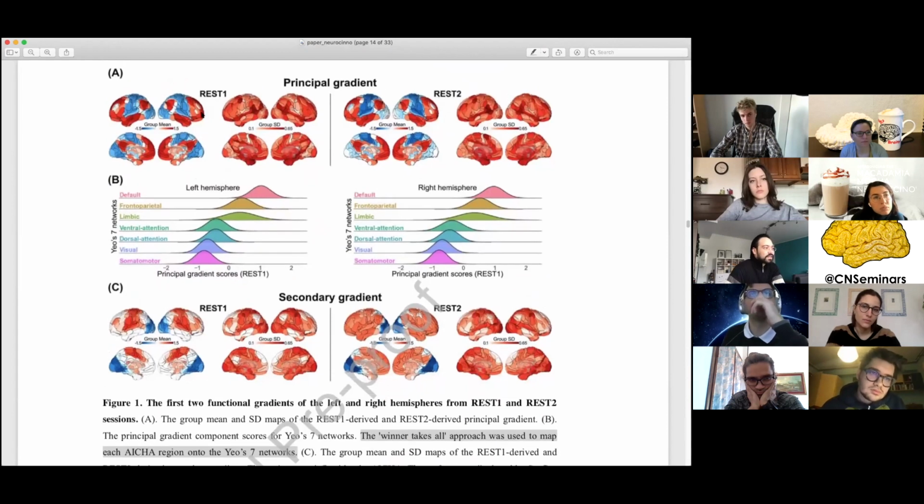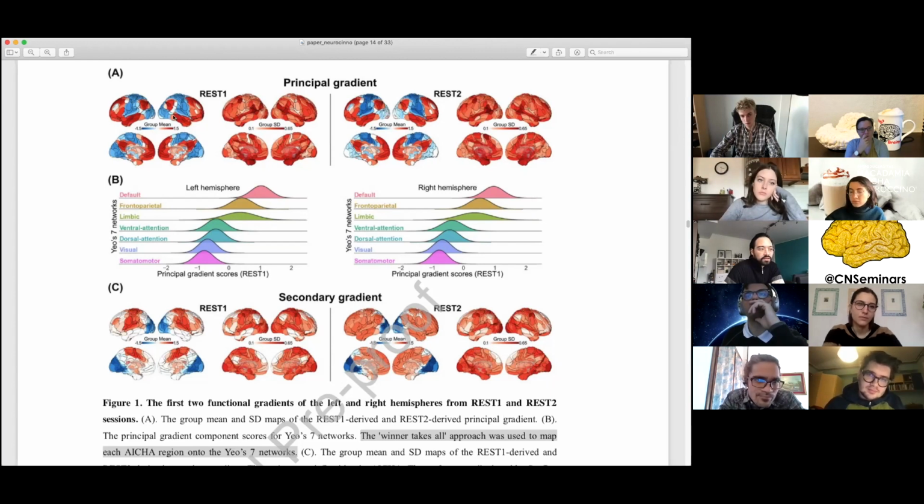So they did it in 700-something participants, only right-handed participants, with good contrasts from the HCP data set. If you compare this to the principal gradient by Margulies from 2016, you would see that the gradients on both hemispheres quite resemble the principal gradient when you calculate it over the entire brain.